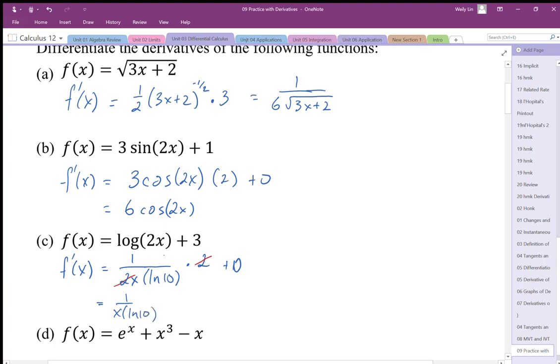A couple things we can look at here is really just using exponent properties, and we can use them to make life easier for us. I could use exponent properties to say that f of x is really equal to ln 2x over ln 10.